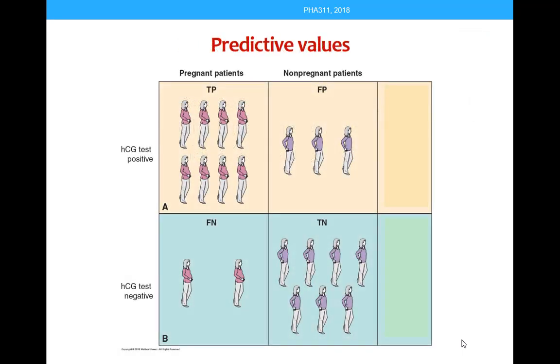There's one more thing now, which is called predictive values. Now we're going to align them in a different way. We're going to align them now for the test. So this top row is all HCG test positive. Out of all these HCG test positive, 8 of them are true positive, 3 of them are false positive.